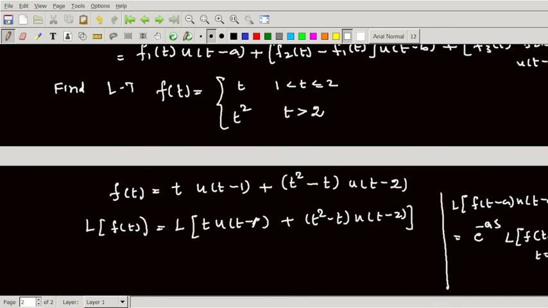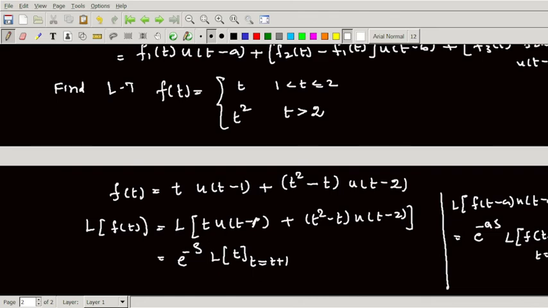So similarly here this u of t minus 1 is there. For this one we can write it as e power minus 1s. Then here t is left out. Laplace of t should be replaced as t plus 1. Here t minus 1 is there. We must replace it as t plus 1.